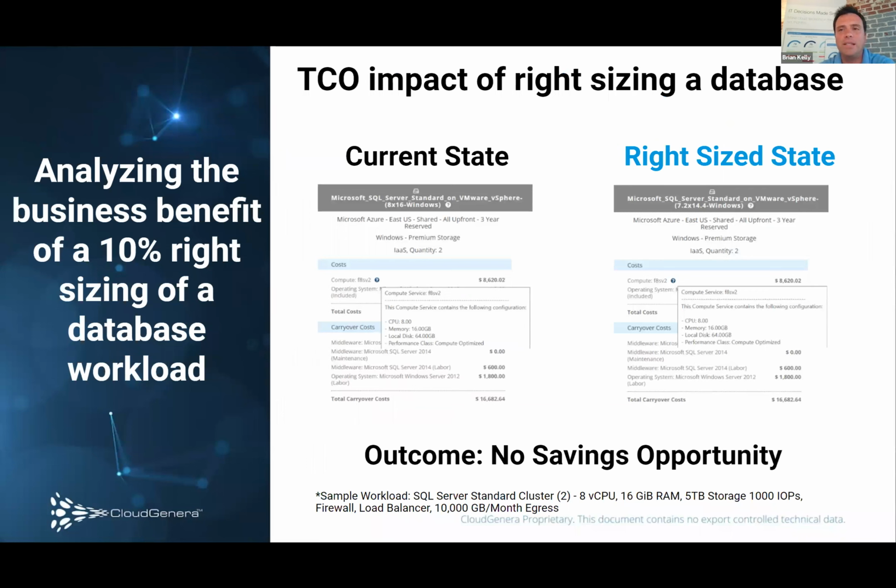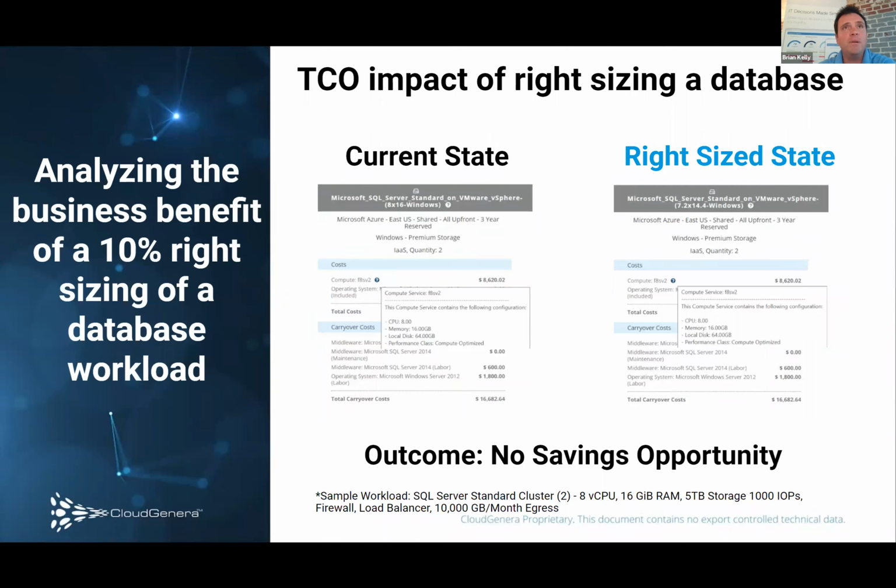Here's the impact of right sizing a database. If we agree that those databases tend to be very highly utilized, looking at an 8x16 versus trying to claw back a little bit of CPU and a little bit of memory, it's actually going to have no impact on what would be recommended to consume for the workload in the cloud.